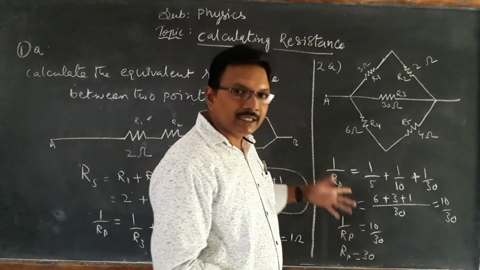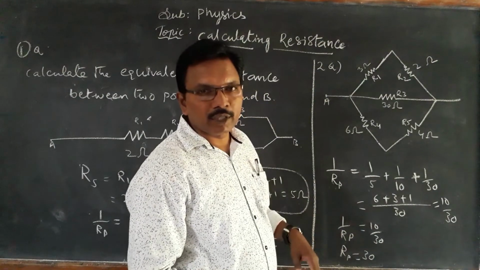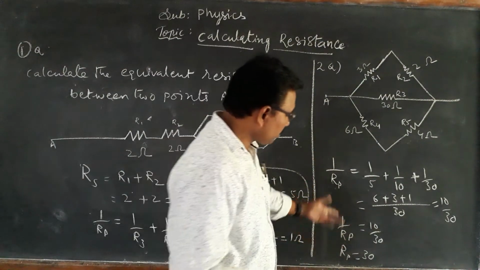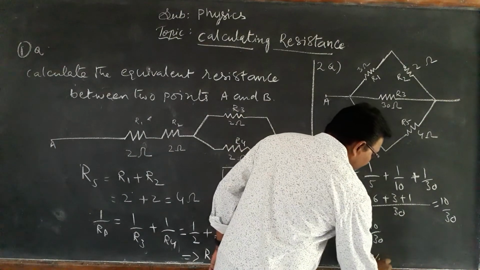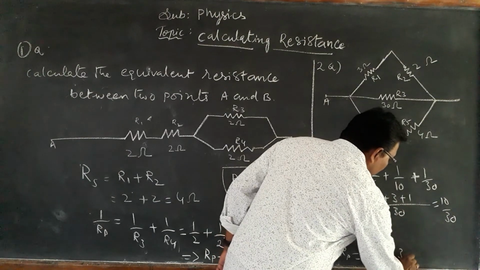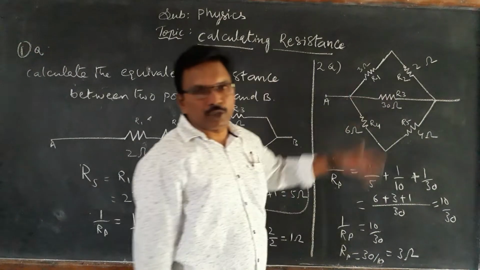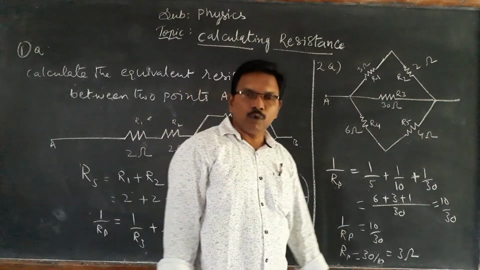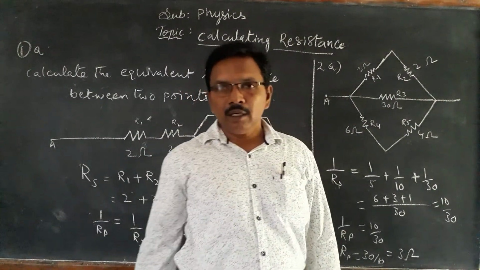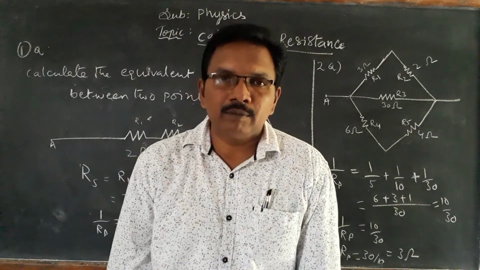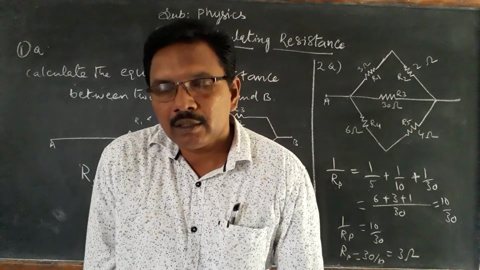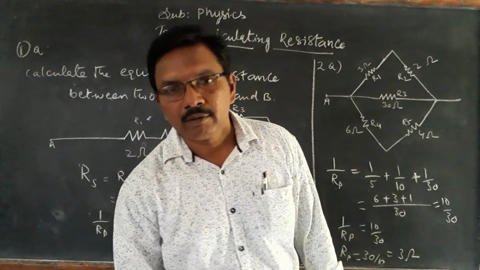We don't have a direct Rp formula, so the reciprocal gives 30 by 10, equal to 3 ohms. This total resistance of the total circuit is 3 ohms. In such a way we can measure the resistance of the total circuit. Thank you for listening. That's all.